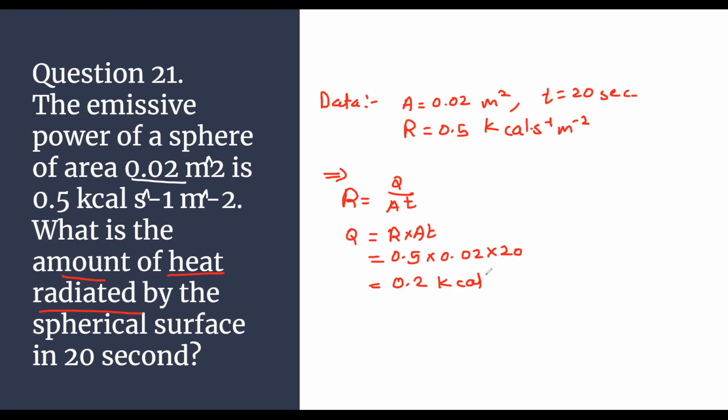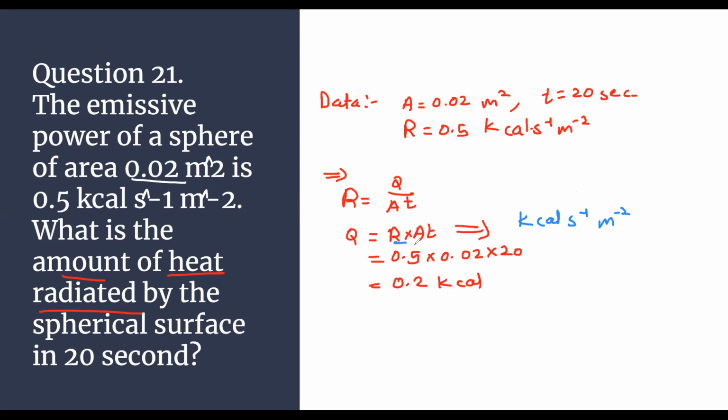And if you are getting confused in the unit, you can directly multiply. R is nothing but, let's write the complete unit: kilocalorie, second raised to minus 1 and meter raised to minus 2.